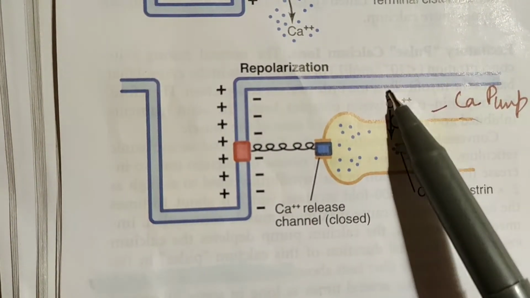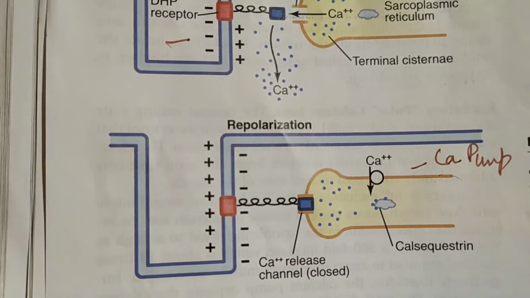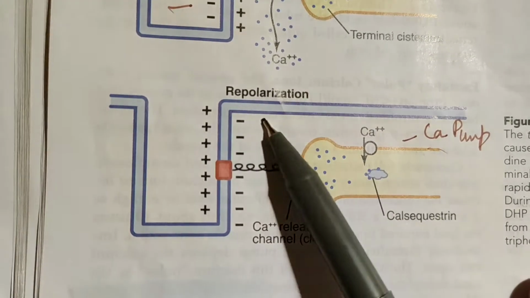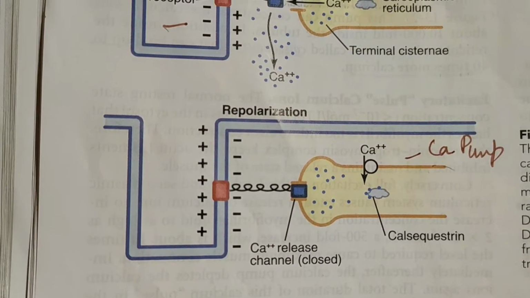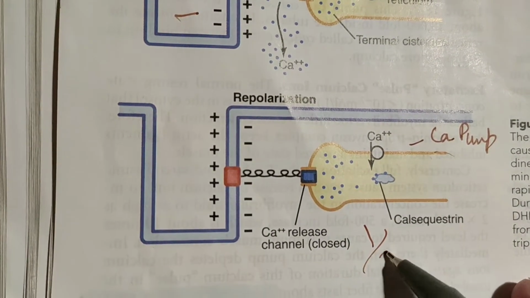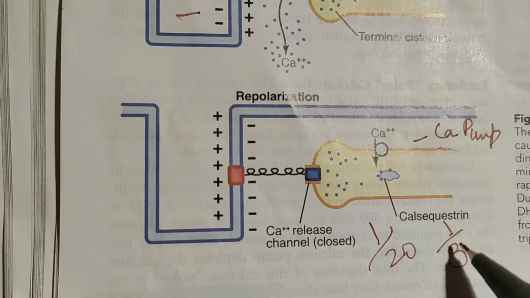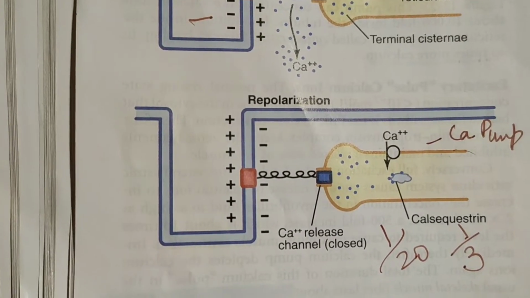So the repolarization occurs. Contraction remains till the calcium pump depletes the calcium in the myofibrils. This calcium pulse remains in skeletal muscles for about 1/20th of a second, and in cardiac muscles for about 1/3 of a second, because of the long duration of the cardiac action potential.